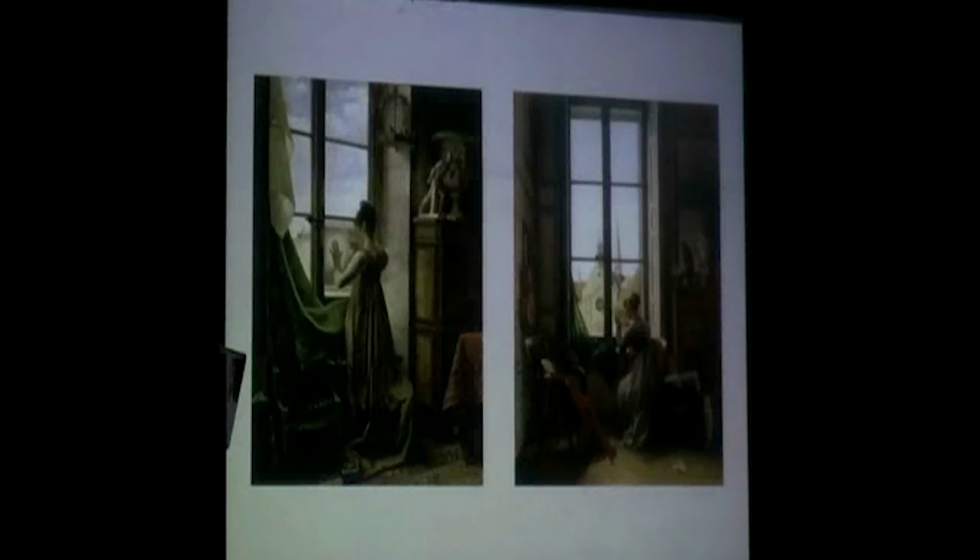And here is another by Drolling, by Martin Drolling on the left. It's a picture in the Pushkin Museum, painting a young woman who uses the window to trace a landscape through it.